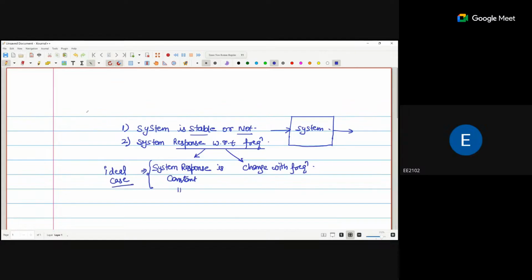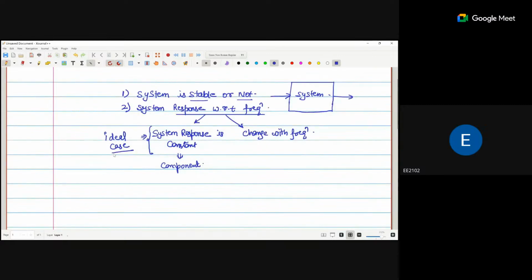Because the system is designed with the help of components. Like you design an amplifier. Amplifier requires some operation. If you design an amplifier with the help of BJTs and resistors, every component is frequency dependent. If you increase the frequency, the response will change. What happens if we vary the frequency?